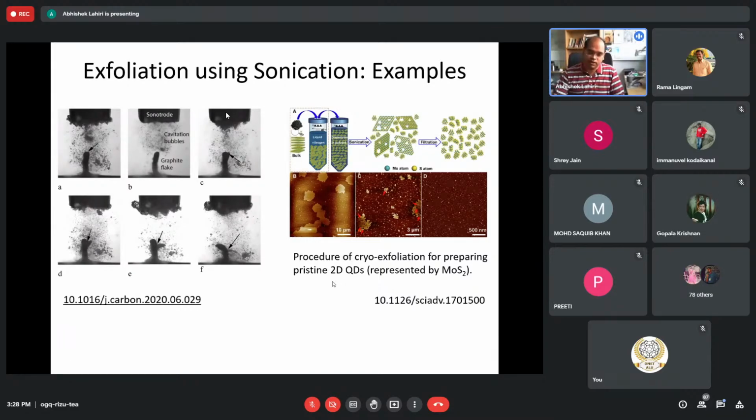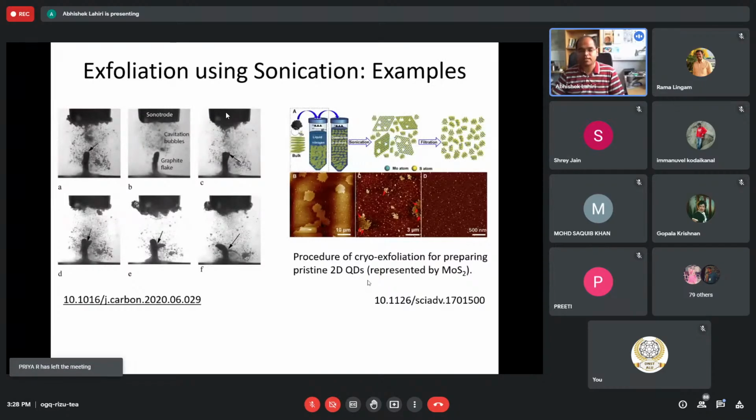The two-dimensional molybdenum sulfate quantum dots were prepared using a cryosonication technique. In this technique, they used liquid nitrogen with molybdenum sulfate in it, and then they sonicated it to produce two-dimensional quantum dots of molybdenum sulfate.